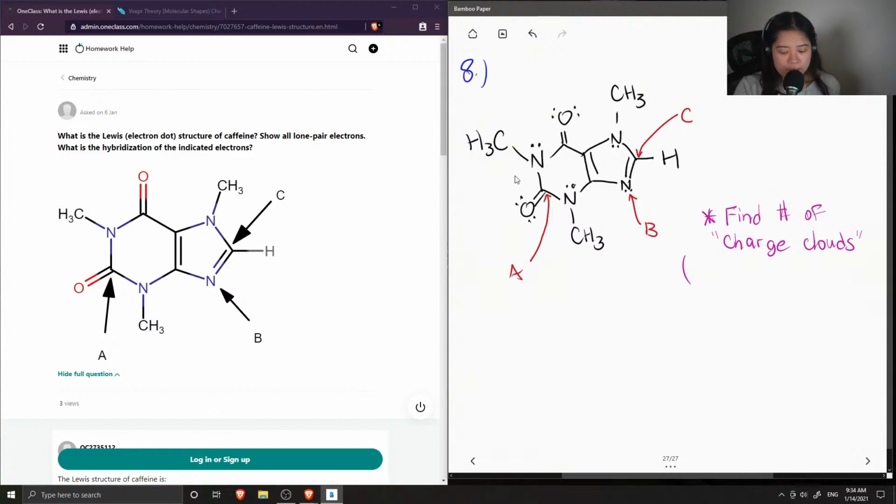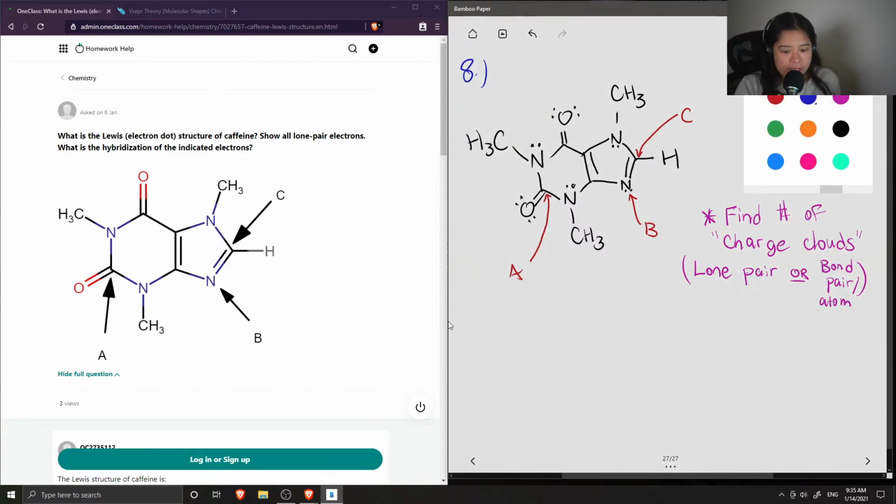So what I mean by charge cloud, this can either be a lone pair or it could be a bond pair, or like a bonded atom. And after you count out how many charge clouds you have, this will help you when you find out your hybridization.